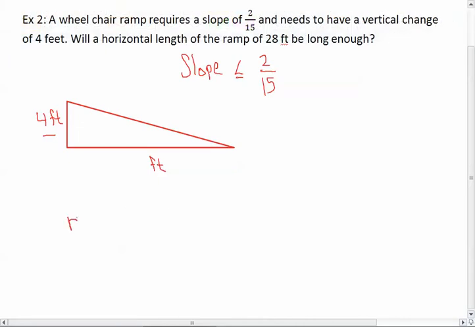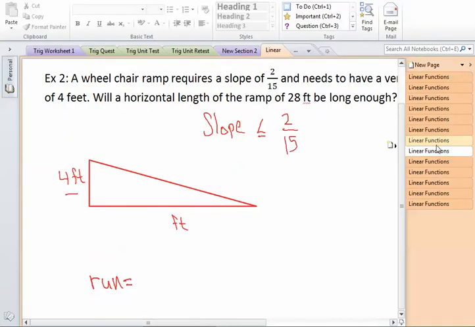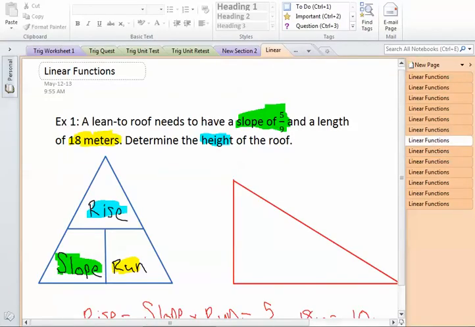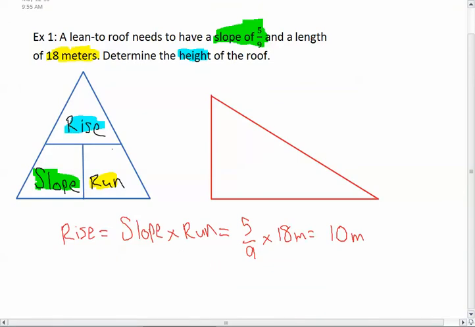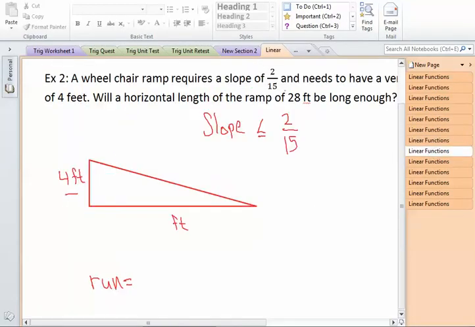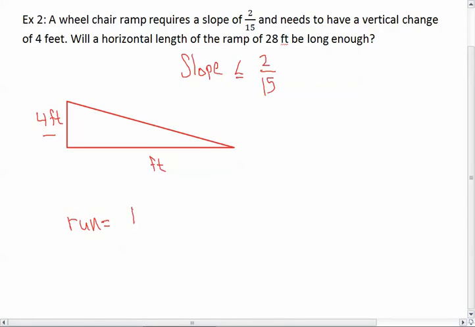If I'm looking for run, what's run equal to? Look at this diagram here. Run equals rise divided by slope. So let's go back here. Run is equal to rise over slope.